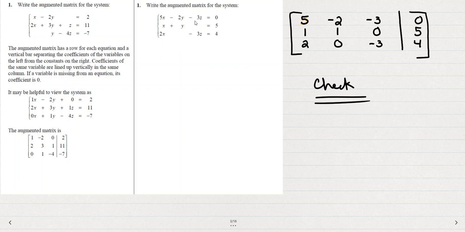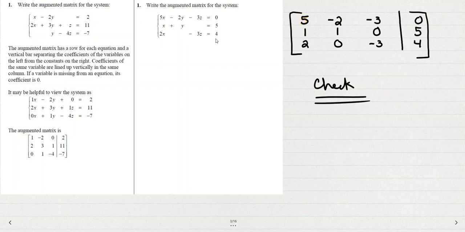We've got 5, -2, -3, 0, 1, 1, 0, 5, 2, 0, -3, 4, or going down in columns, 5, 1, 2, -2, 1, 0, -3, 0, -3, 0, 5, 4. So check it every which way.